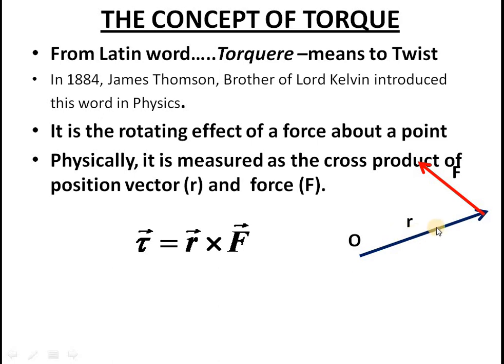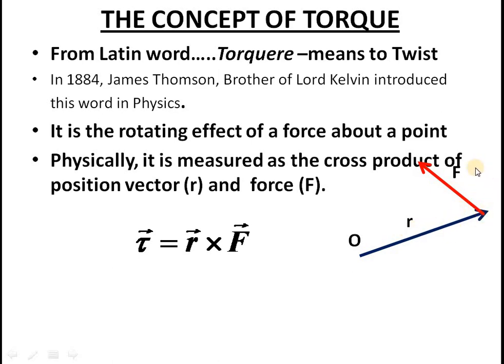You have a vector R, the position vector. That vector points from the reference point to the point where the force is acting. So that is what is shown with the position vector, and the other vector is the force.